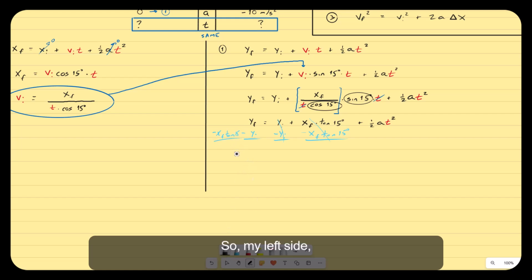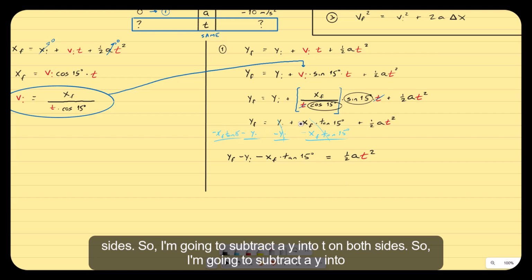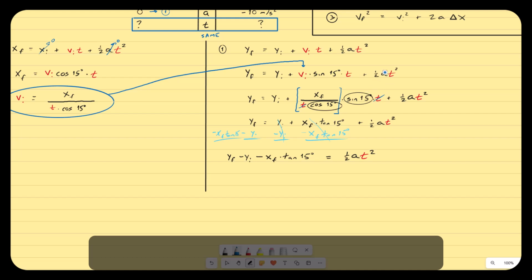So my left side becomes y final minus y initial minus x final times tangent of 15 degrees equals, and my right side is half acceleration times time squared, and I know that's my acceleration in the y direction. I guess I can label that. That was an acceleration in y.